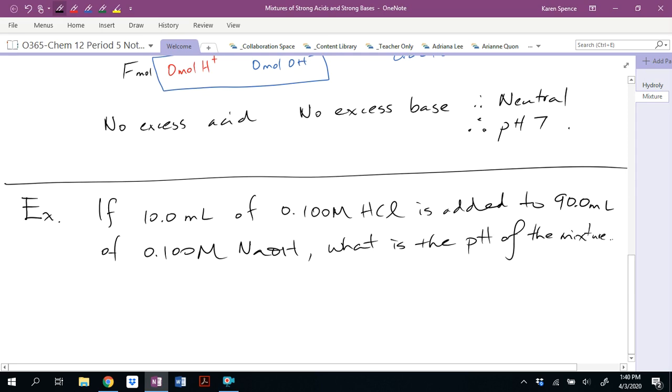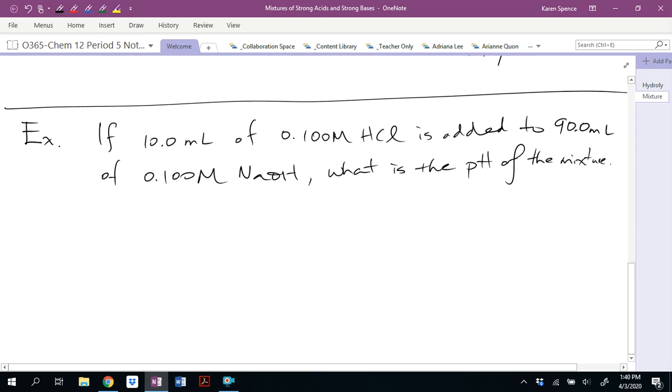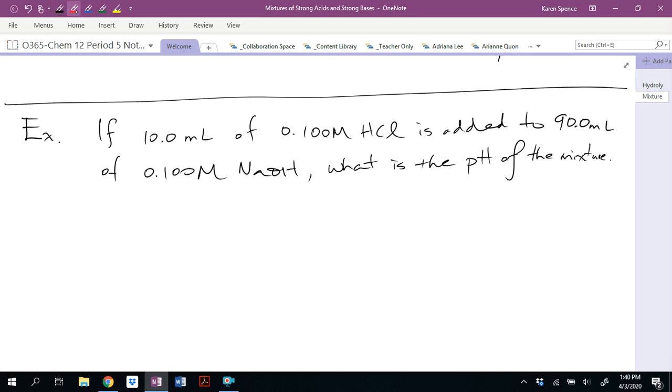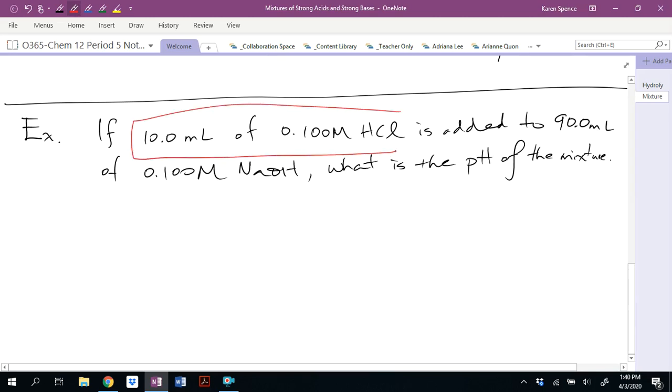Okay. So in this case, we have our HCl, which is going to give us hydrogen. And we have our NaOH, which is going to give us OH minus.